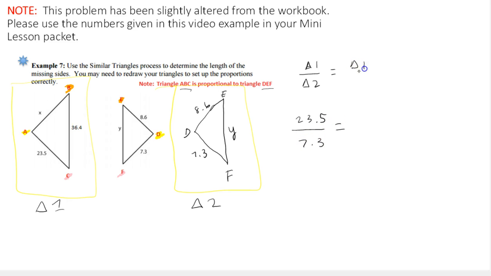And now on the other side of the proportion, for the other ratio, I'm going to need corresponding sides. The top one needs to be triangle 1. So I'm going to go to triangle 1, and let's find X first. So I'm going to put X on top. And now I need the corresponding side in triangle 2. I can't just pick any side. I need the side that corresponds to X, which is 8.6.